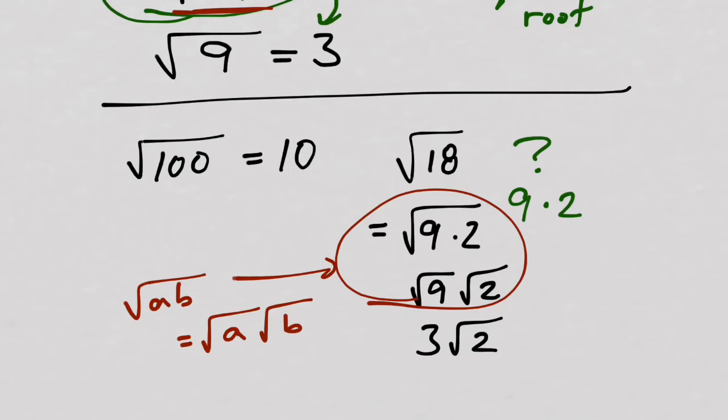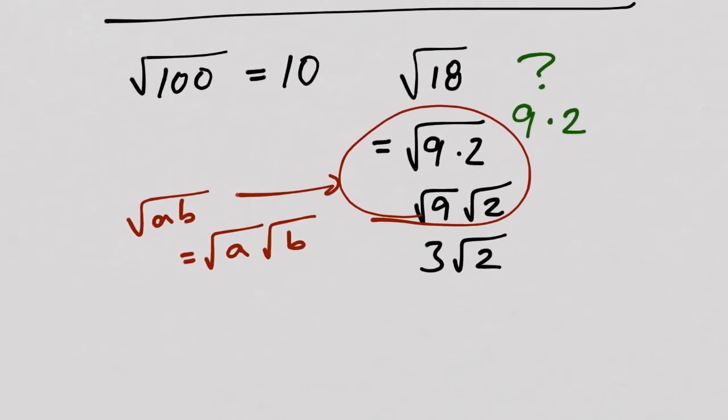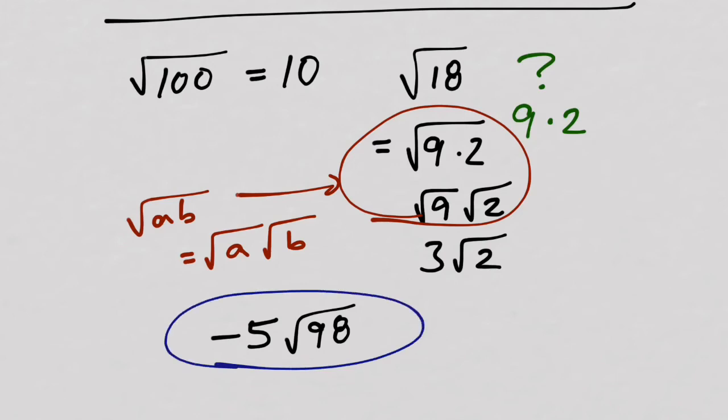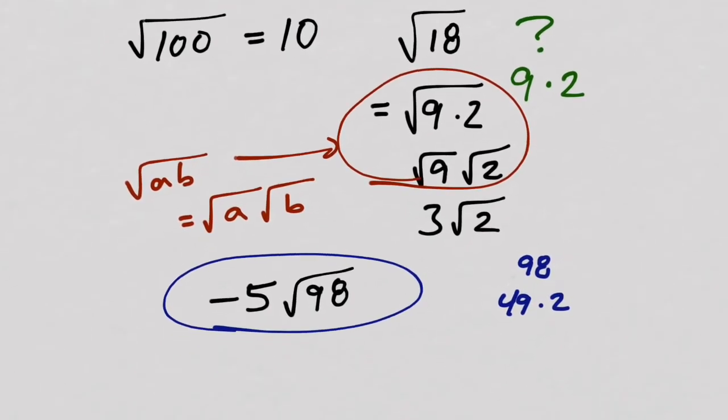And let's look at one more example, adding another wrinkle. What if we have negative 5 times the square root of 98? So thinking about that, it might take a moment to realize that 98 is 49 times 2. And 49, of course, is a perfect square, 7 times 7.